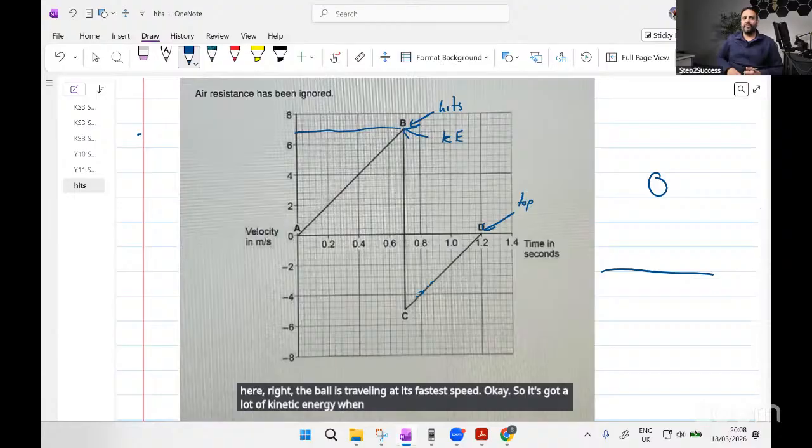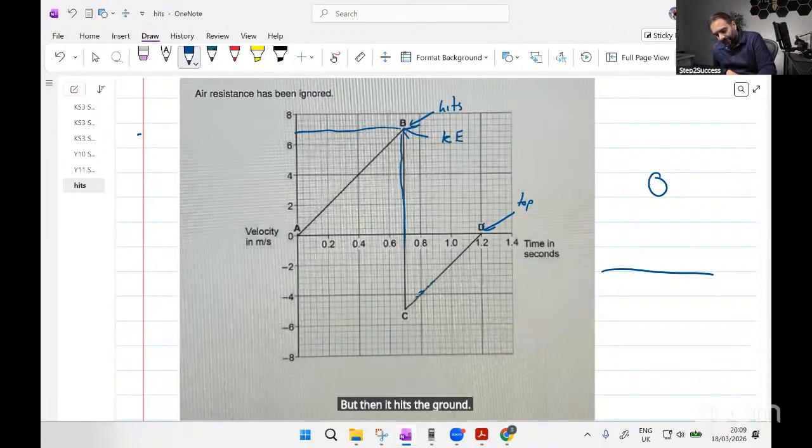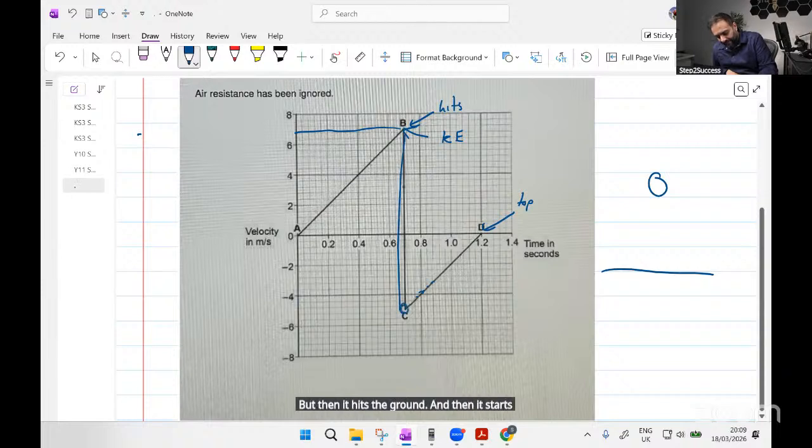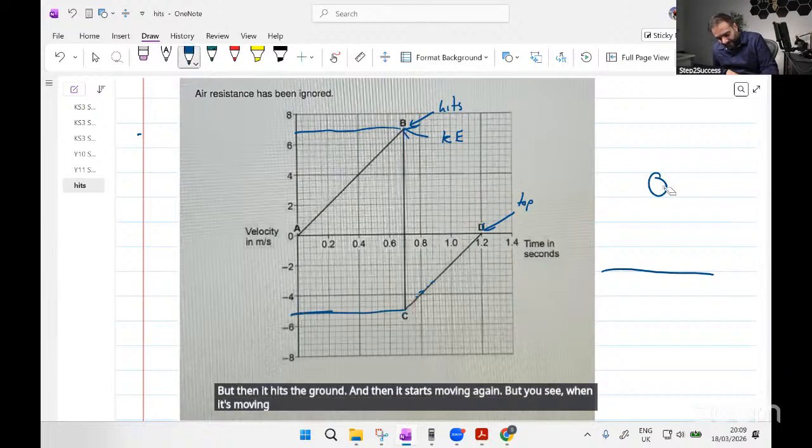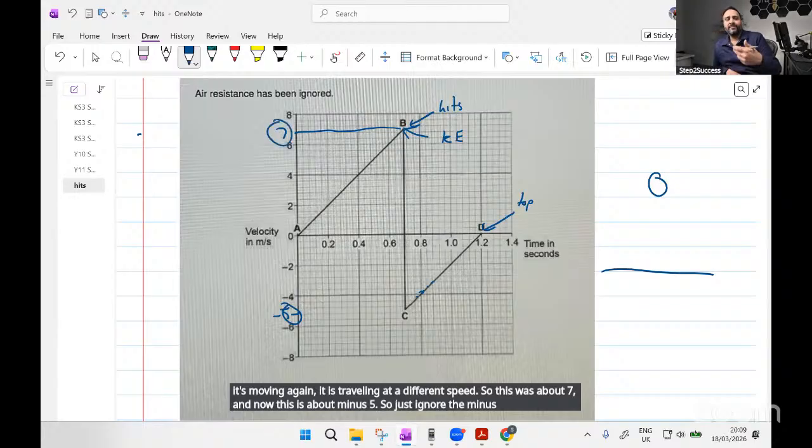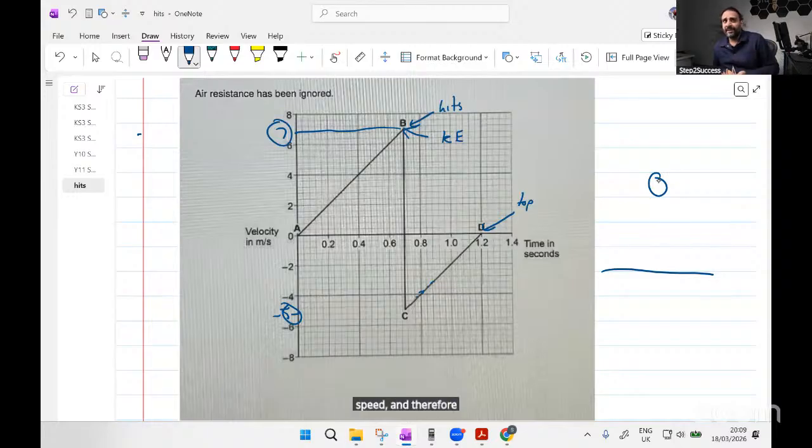Then it hits the ground and then it starts moving again. But when it's moving again, it is traveling at a different speed. So this was about 7, and now this is about -5. Just ignore the minus for a minute. It's 7 there, and it's 5 there. So it has obviously lost some speed and therefore lost some kinetic energy after bouncing.